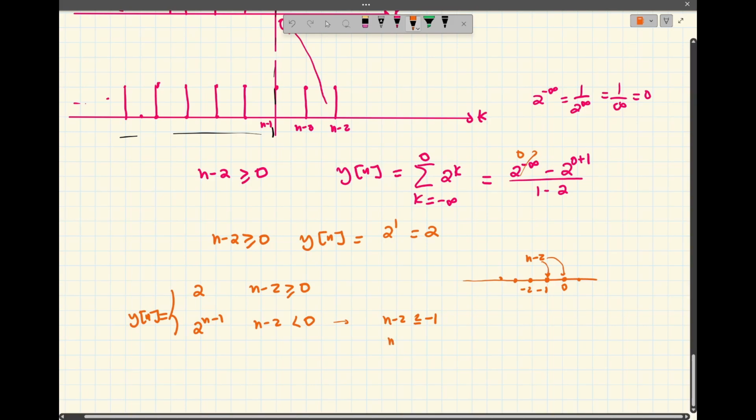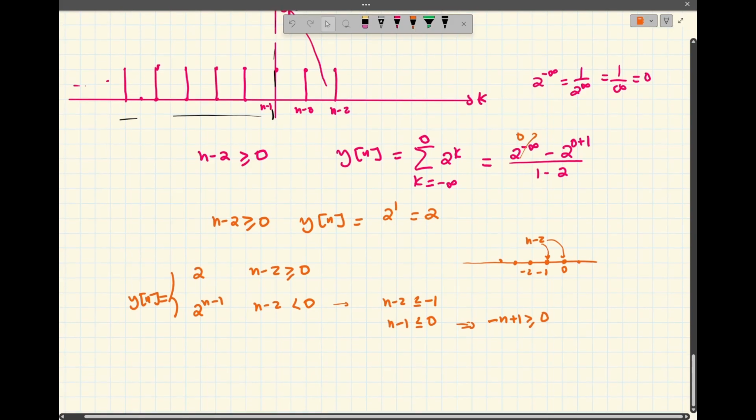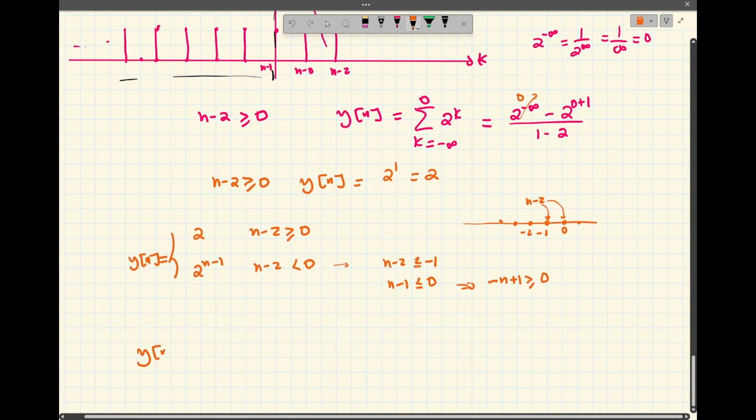So n minus 1 is less than or equal to 0, which means minus n plus 1 will be bigger or equal to 0, if you agree with me. So we can write y of n equal to 2 when n minus 2 is bigger or equal to 0, and 2 to the n minus 1 when minus n plus 1 is bigger or equal to 0.